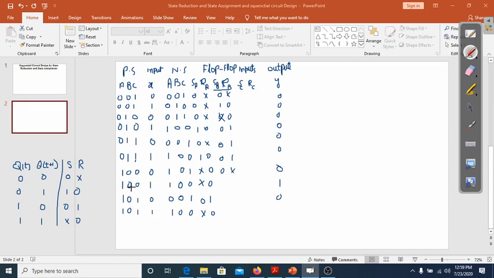Present state is 0 and next state is 0, so set is 0 and reset is don't care. Present state 0, next state 0. Also present state 0, next state 0.